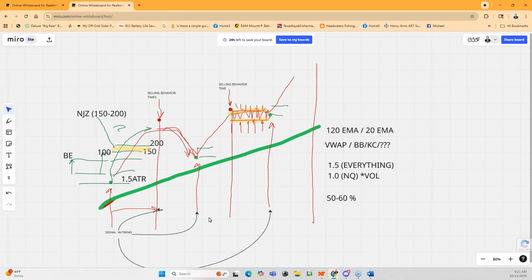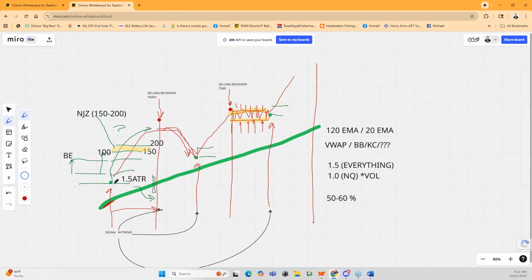So signals with trend, we have a 1.5 to 1 ATR stop. We can hold it all the way until the close of the next signal, or we can hold it to our 100, 150, 200% levels. The other mitigating factor is if for some reason it doesn't hit our stop and closes below the moving average.